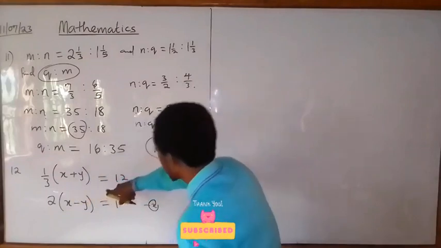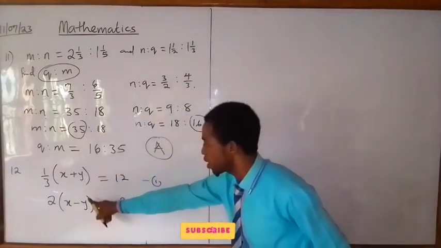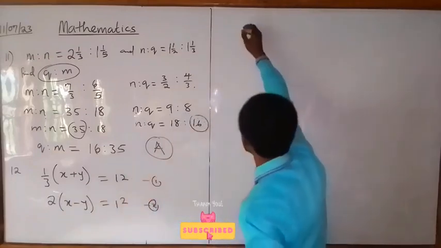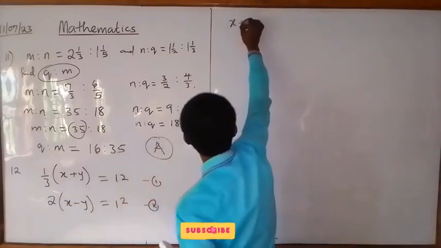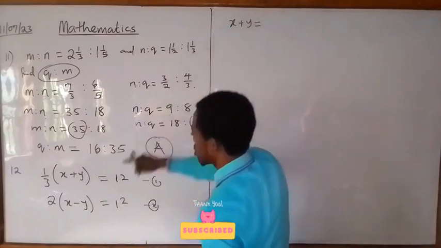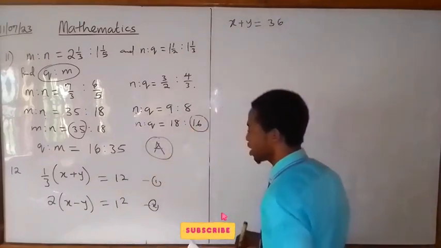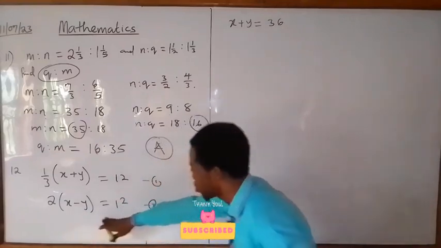This is everything over 3. By the time we cross multiply, that will be 3 times 12 equals x plus y, which gives us 36. We have another equation here, and we can divide through by 2.